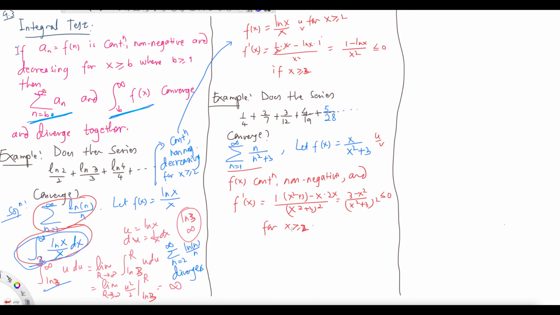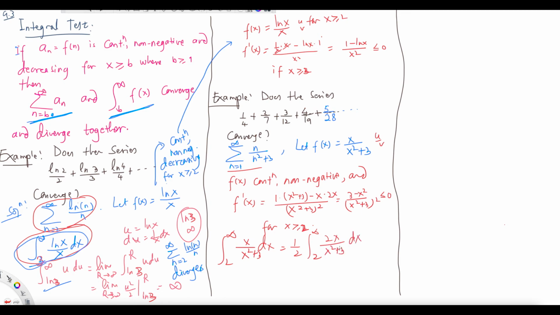Since this is decreasing for x greater than or equal to 2, I want to take the integral from 2 through infinity of x over x squared plus 3 dx. Now I can write 1/2 times the integral from 2 to infinity of 2x over x squared plus 3 dx.